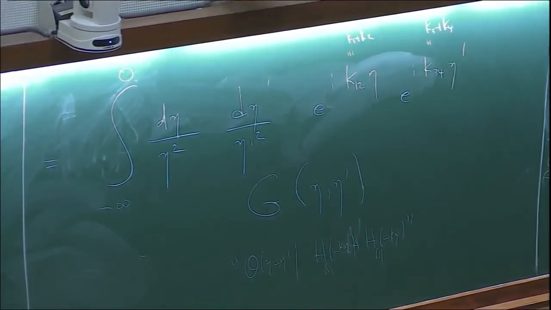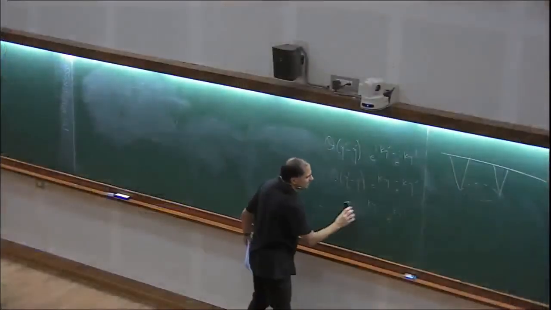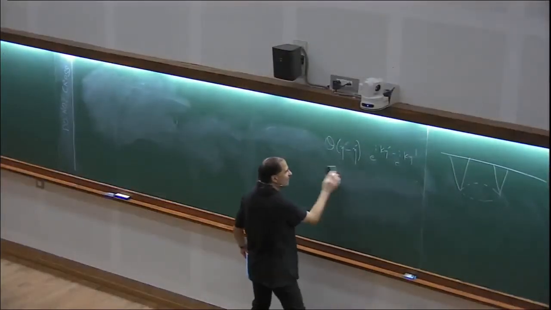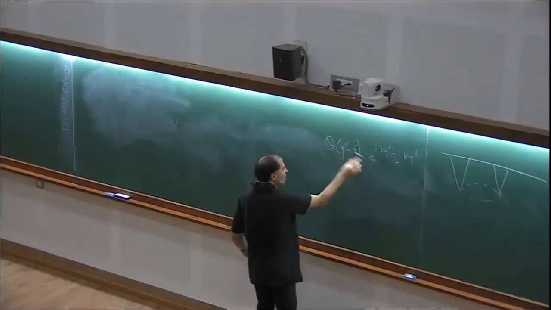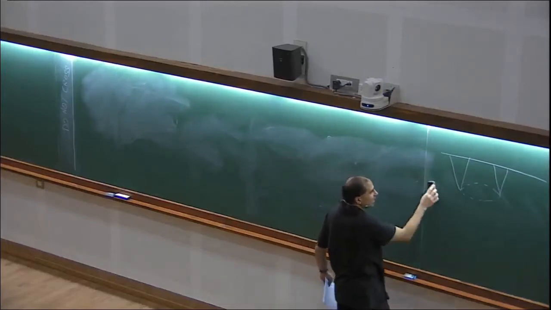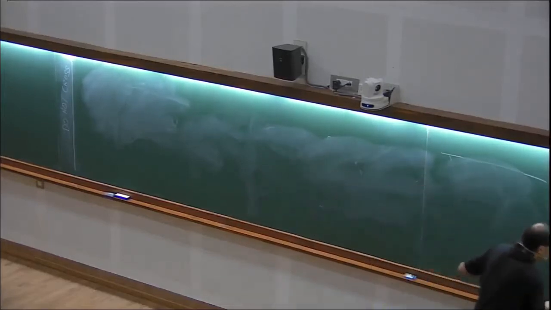There's nothing especially deep going on. But as I mentioned in the first lecture, the attitude we're going to take is that this is, after all, some function in the end of K12, K34, and K intermediate. Sorry, I should have said here, this G also depends on K intermediate.